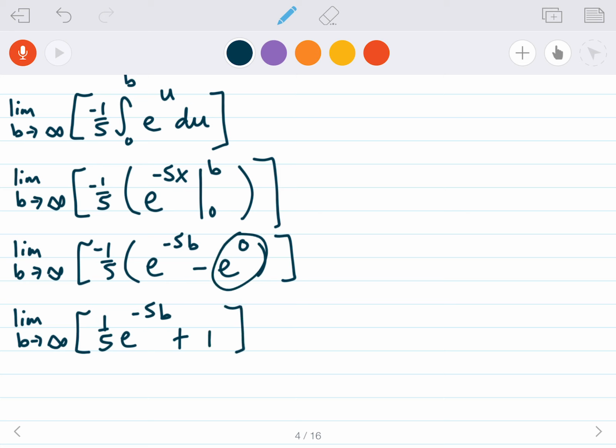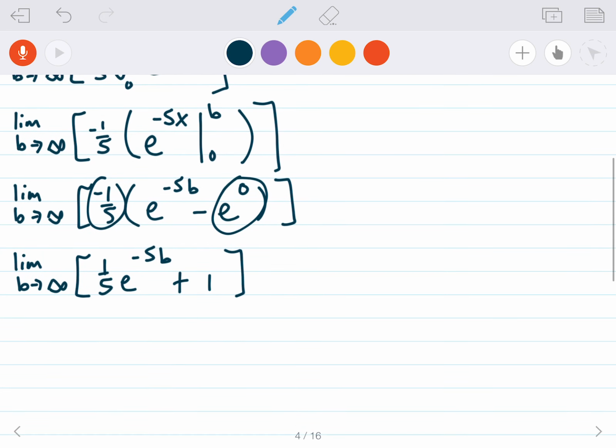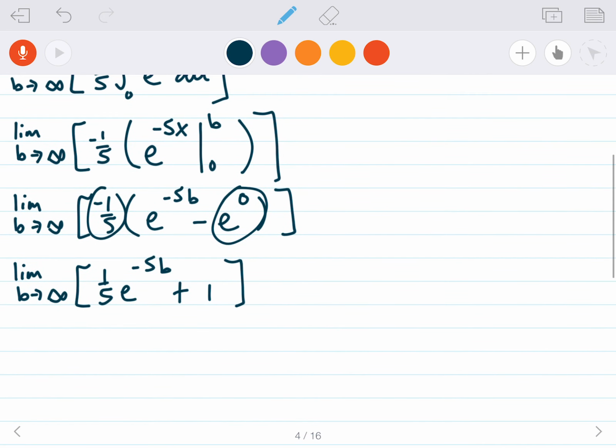So simplifying this to 1 and then distributing the negative 1 over 5 in there. All right, so let's see what I have now. Well, actually, this should be 1 over 5, not 1, right? Because I'm multiplying negative 1 over 5 times negative 1.